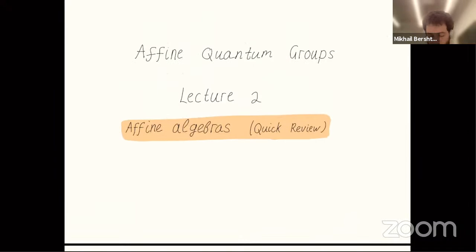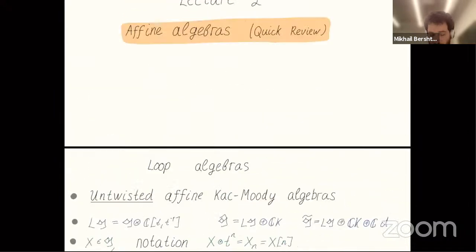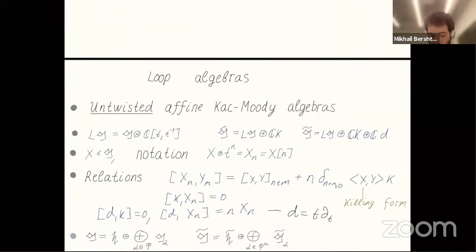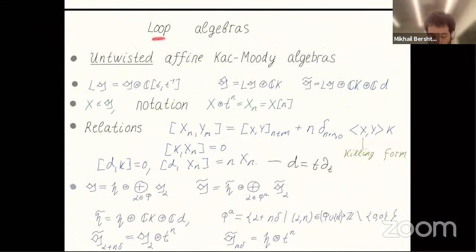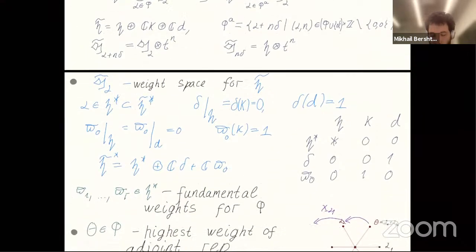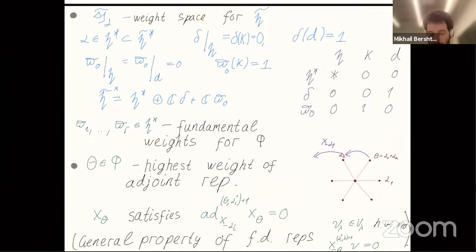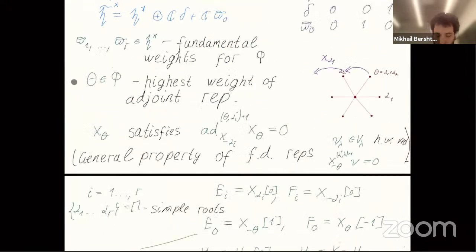So we defined affine Lie algebras. Today there are no quantum groups, as loop algebras. We defined its Cartan, its weight decomposition.